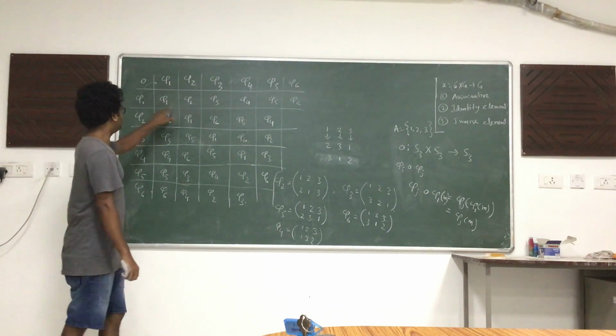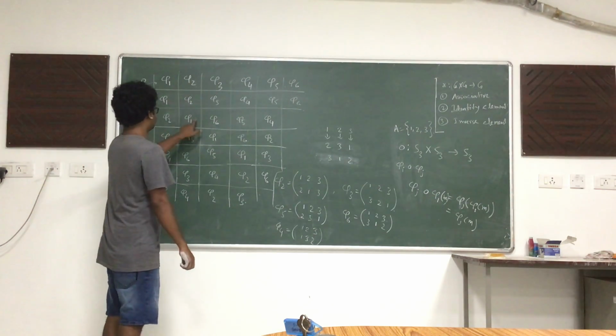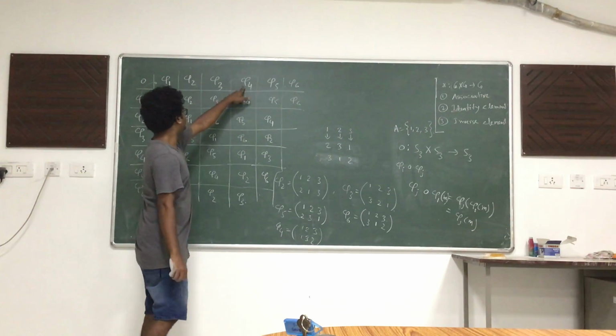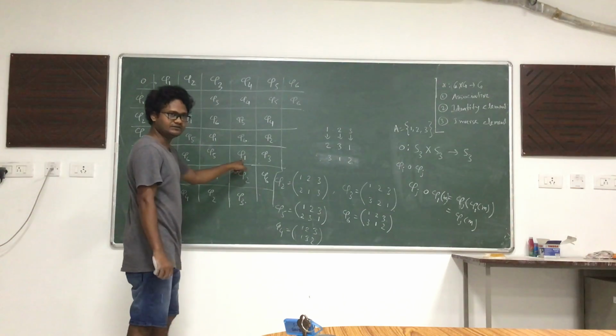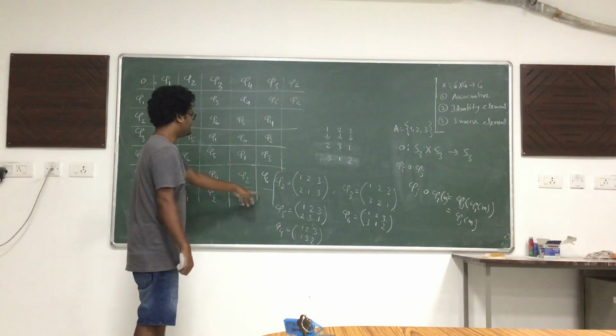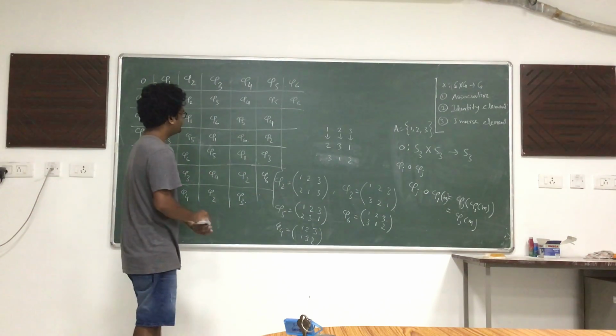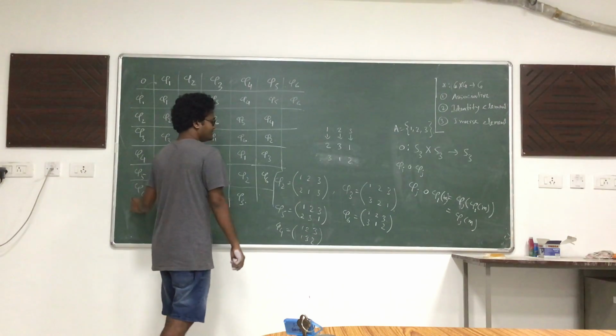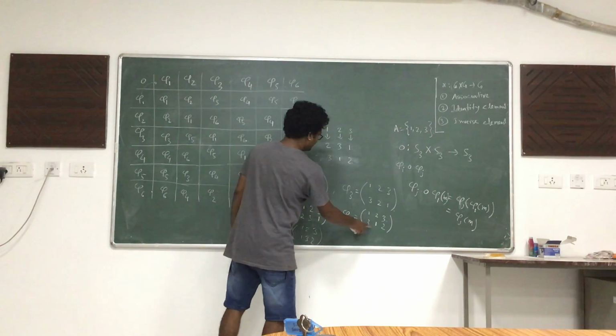Earlier, phi 2, phi 2 gives me phi 1, phi 3, phi 3 gives me phi 1, phi 4, phi 4 gives me phi 1. So they were their own inverses, but in this case it is not the case.